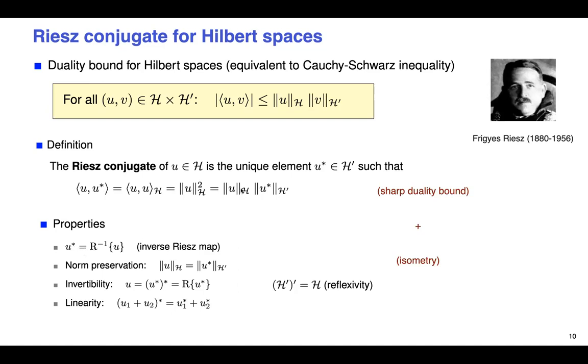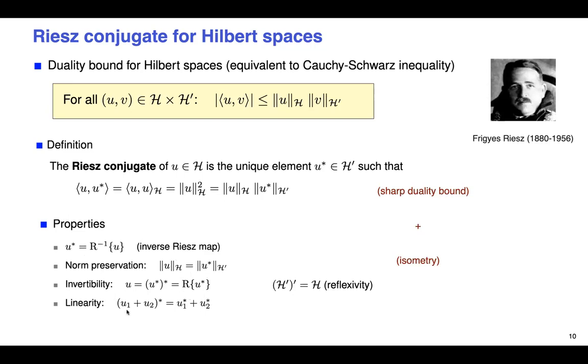Now, just from this definition, you see that the Hilbert conjugate preserves the norm. If you reapply the Riesz map, you get back to where you started from. So if you do star followed by star, you have U again, and this is completely consistent with the reflexivity property.